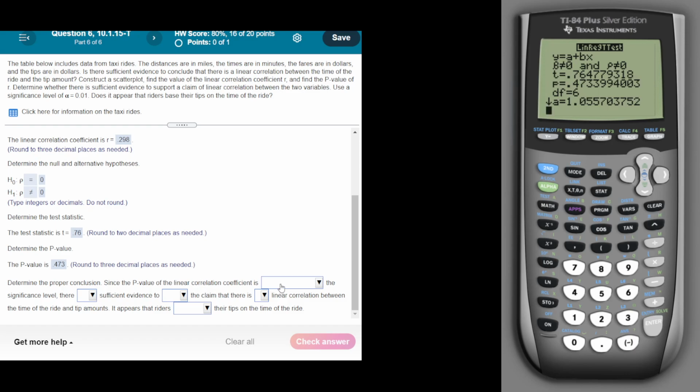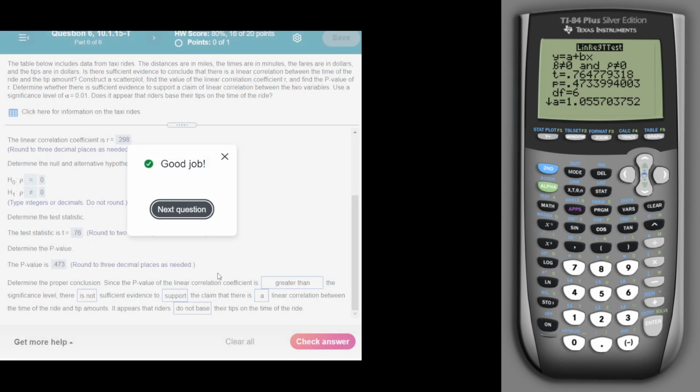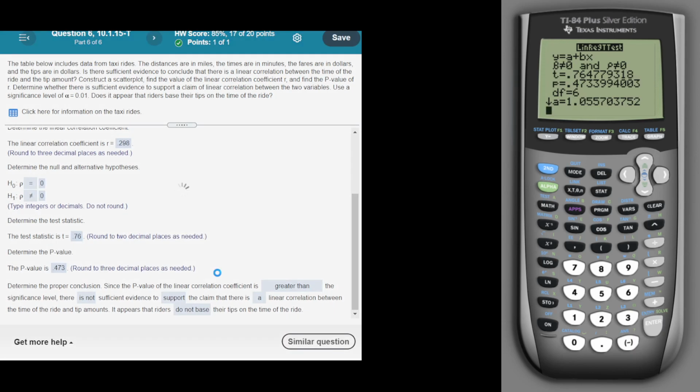Since the p-value is greater than the significance level, there is not enough evidence to support the claim that there is a linear correlation between the time of the write and tip amounts. It appears the writers do not base... Yeah, you have to say do not because we just failed to reject. Good job. It's good when it's consistent.